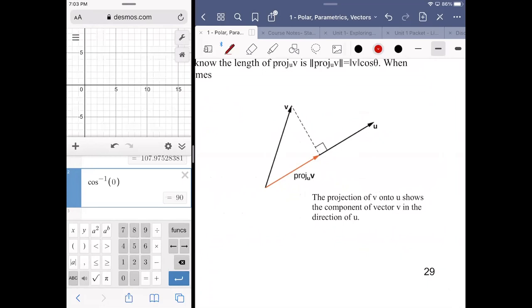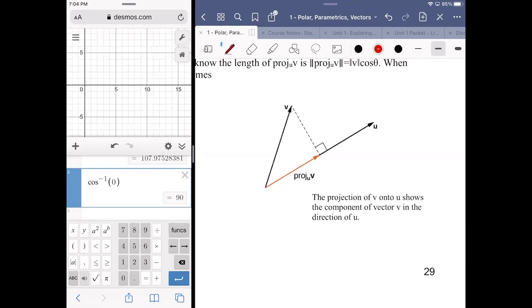That orange, rust colored arrow is the vector projection of v upon u. So that's the amount, or the magnitude, of force, for lack of a better term, that v is applying in the direction of u.